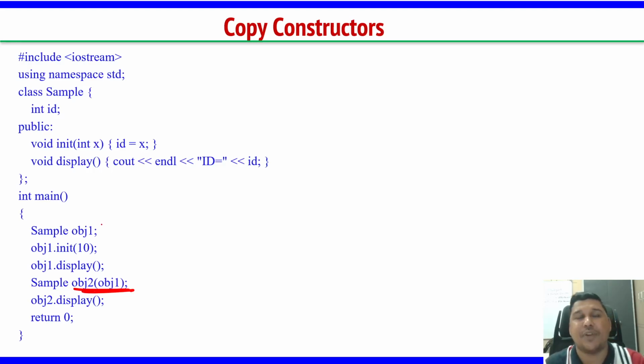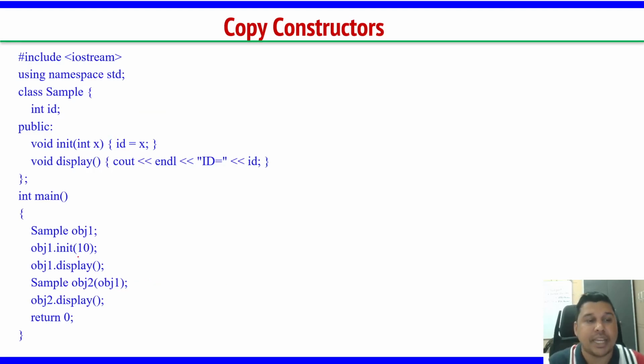It satisfies the goal of my copy constructor, which was to copy the content of one object into another. I am doing it directly without even defining a constructor. So in this way also you can do it.